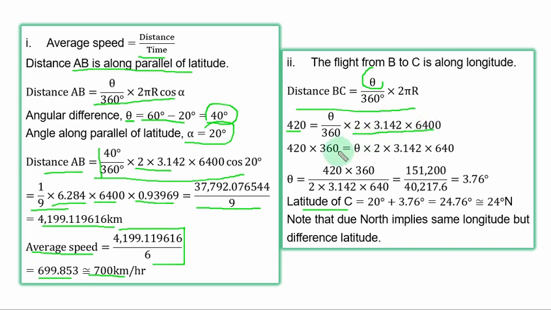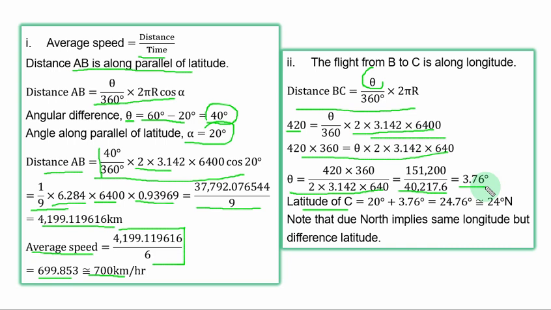So multiply through by 360 to clear the fraction to get theta. Divide through by the product of these three numbers. You have it in this form, which gives this, and you have 3.68 degrees.